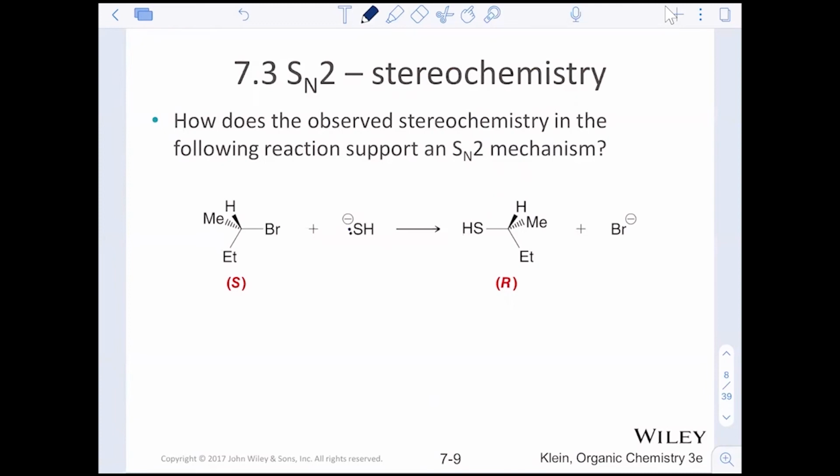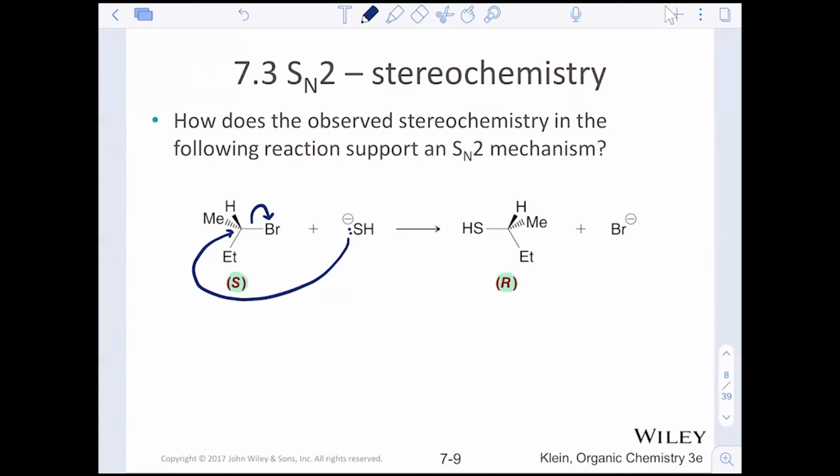When we have our nucleophilic attack and the loss of the leaving group happening at the same time, what we observe in the lab is that if we had the S conformation of the chiral center, it will invert to the R conformation, and that's going to have to do with the mechanism here. There's a concerted mechanism, meaning it's happening at the same time. How do we know? Because of our observations with these alkyl halides, specifically the ones that have stereochemistry.